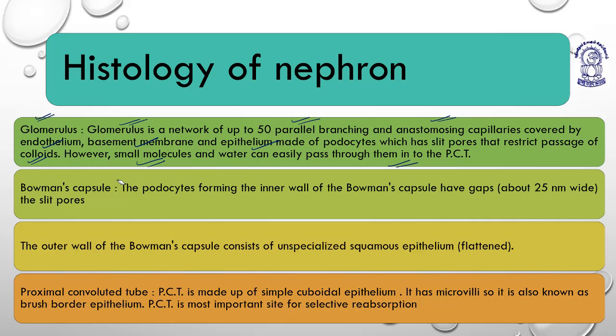Bowman's capsule. The podocytes form the inner wall of the Bowman's capsule having gaps of around 25 nanometers wide. These are known as what? Slit pores.